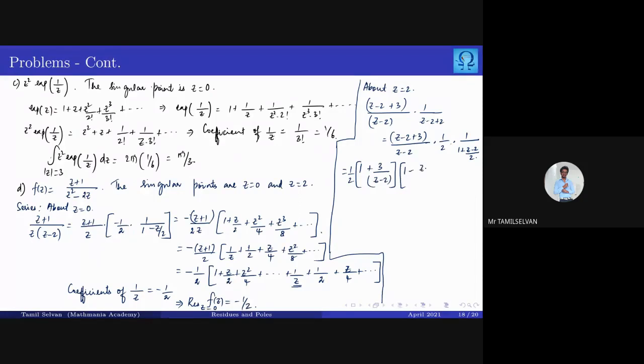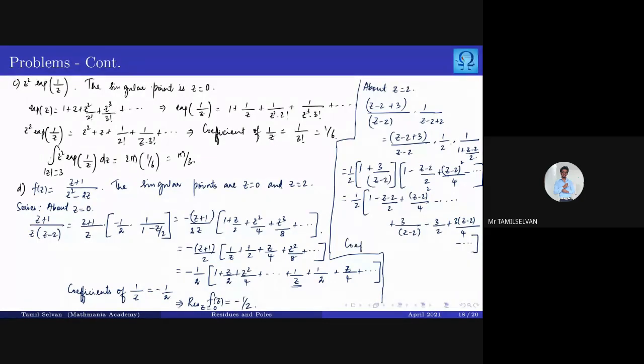So that is 1 minus z minus 2 upon 2 plus z minus 2 whole squared upon 4 minus etc. When we multiply these two quantities, I will have this as it is, then plus 3 upon z minus 2 minus 3 upon 2 plus 3 multiplied with z minus 2 upon 4 and then minus etc. So this is what I have.